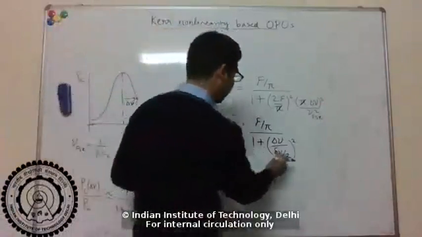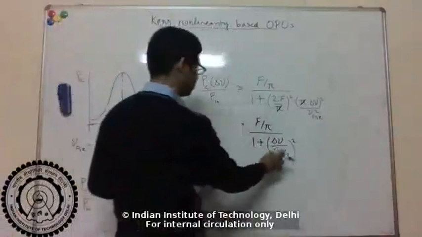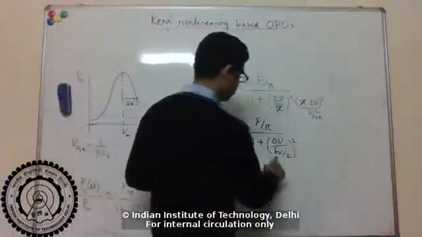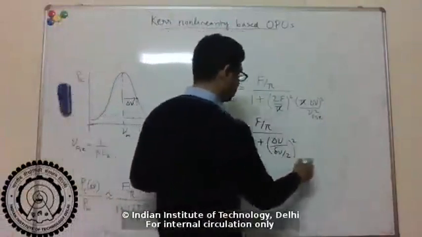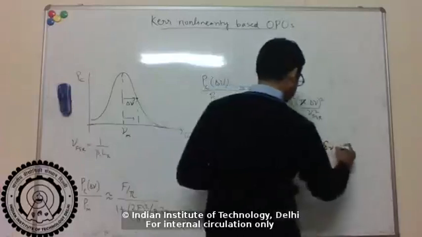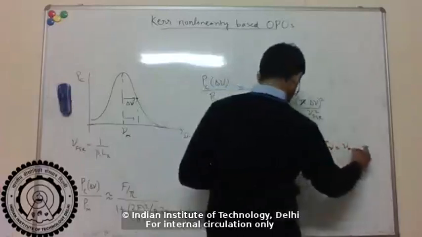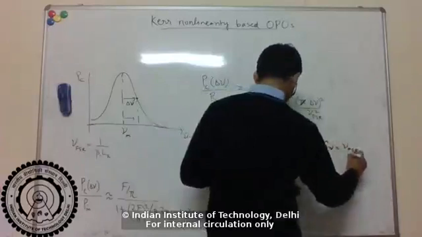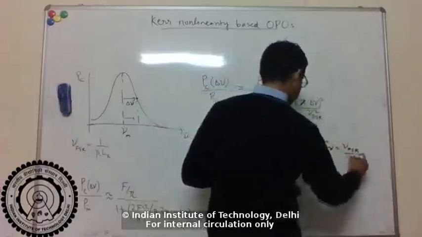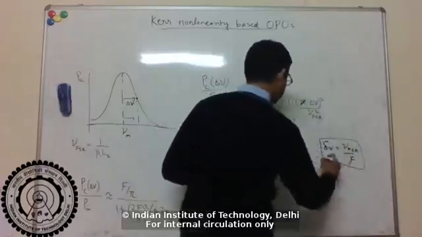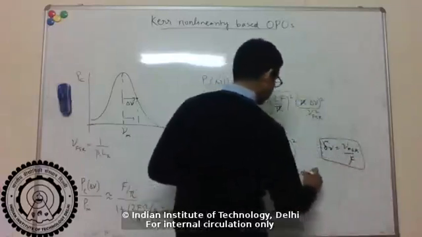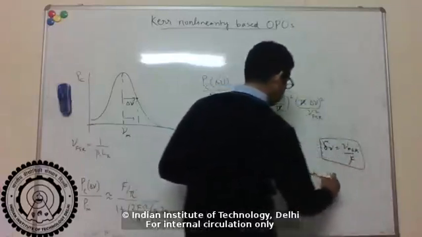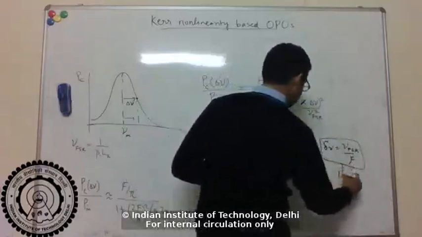Okay, so the line width of the Lorentzian is this small delta nu, which is nu FSR divided by the finesse. Right, so this is the Lorentzian line shape. This is the line width.